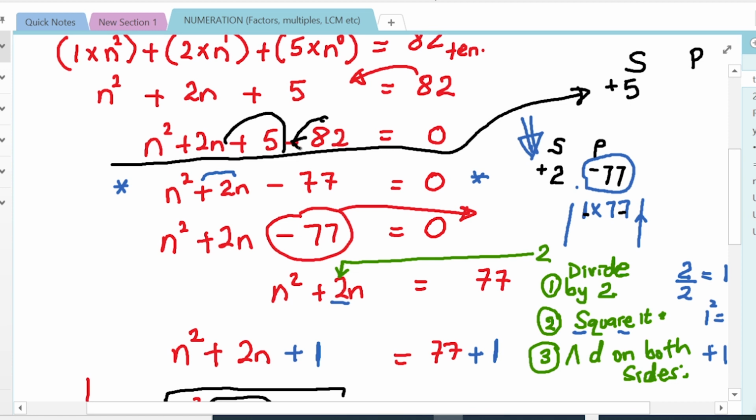It's actually negative 82 times the coefficient of n squared, which is 1, so it's 1 times negative 82, which is the same. Actually, not 82, 77.